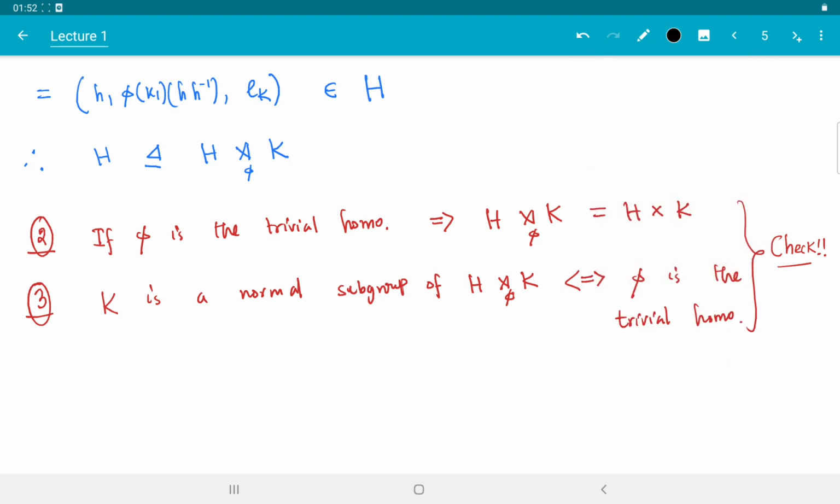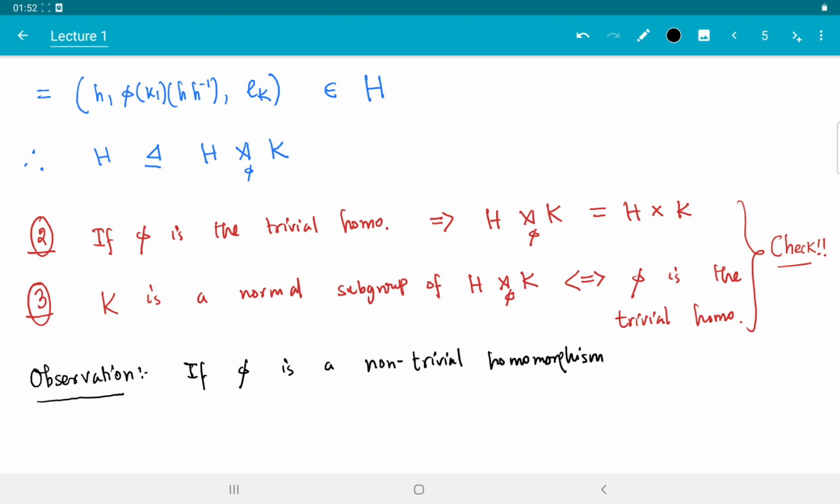Now observe that if phi is a non-trivial homomorphism, then K is not normal in this semi-direct product.